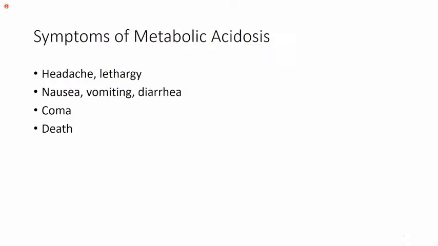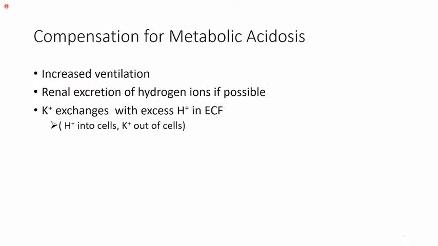So what are some of the symptoms of metabolic acidosis? You can get headache, nausea, vomiting, diarrhea, coma, and even death. So it's extremely important for you to be able to recognize a metabolic acidosis so that you can treat it before your patient progresses to coma and death.